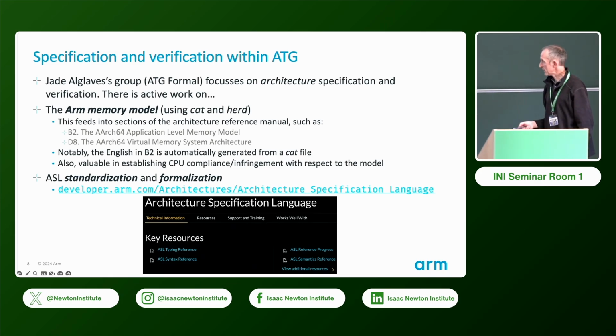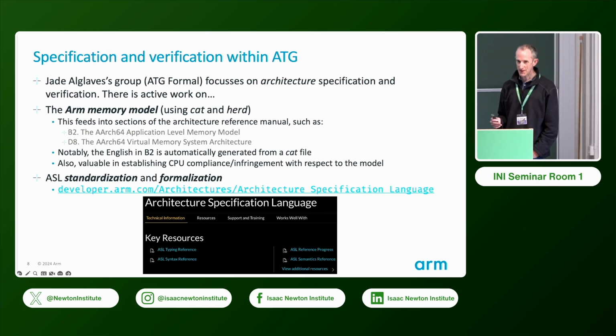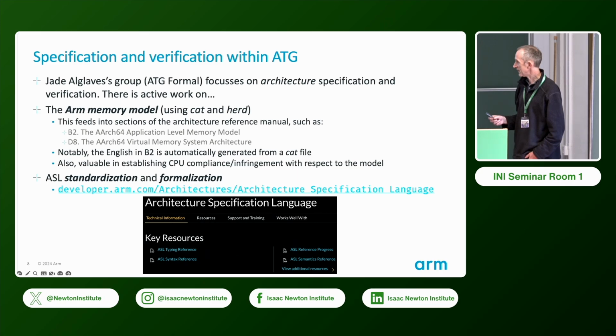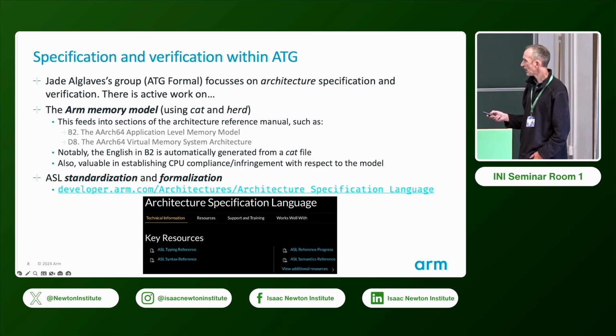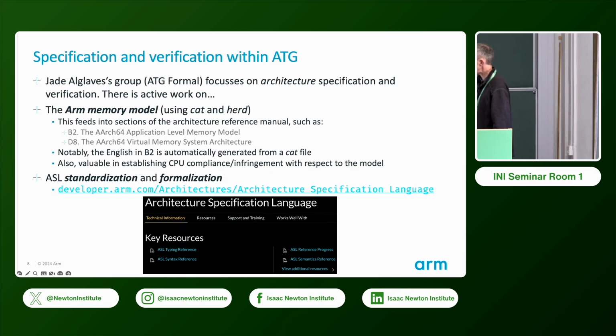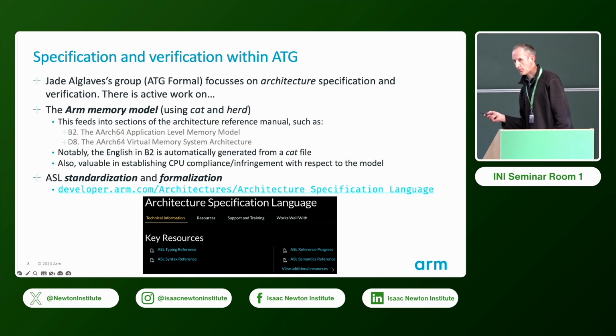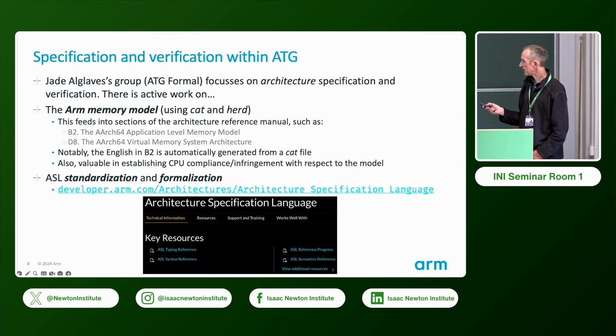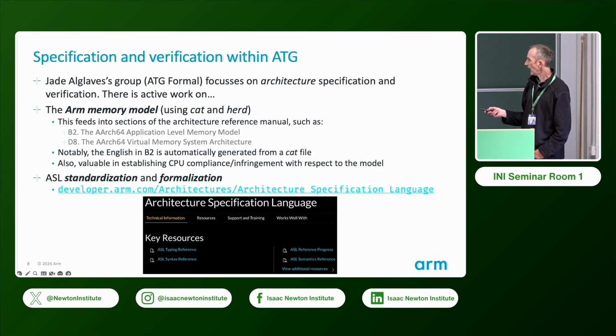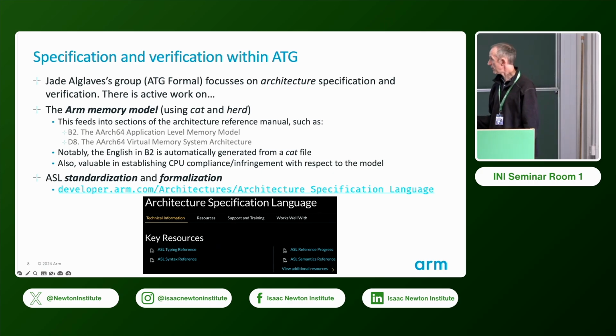There's also work in this space to do with checking CPUs actually conform with the memory model as it's formalized. Another thread of activity, quite active at the moment, is to do with standardization and formalization of the specification language, ASL, so the domain specific language. And documents relating to that are public now, so you can get hold of them from developer.arm.com.